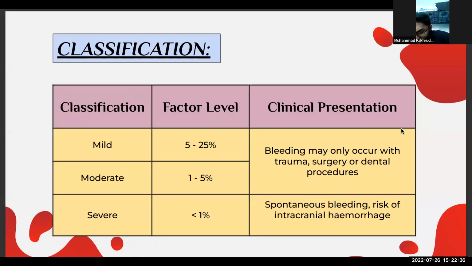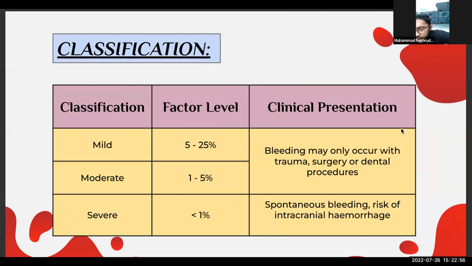Okay, next we go to the classification. For the classification based on the protocol, it can be divided into 3, which are mild, moderate, and severe. For the mild, the factor level is between 5 and 25%.